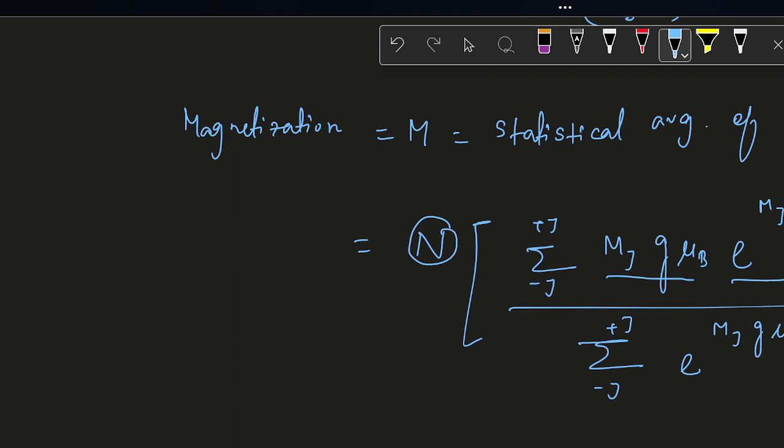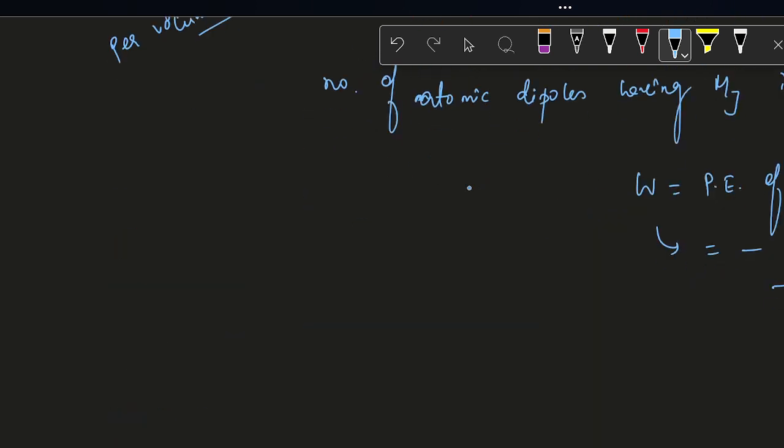And this N is not just the number of total atoms, it is the number of atoms per volume, because magnetization is magnetic moment per volume. This bracketed term is your magnetic moment for each atomic dipole. You multiply it with N and you get the net average magnetization, right?